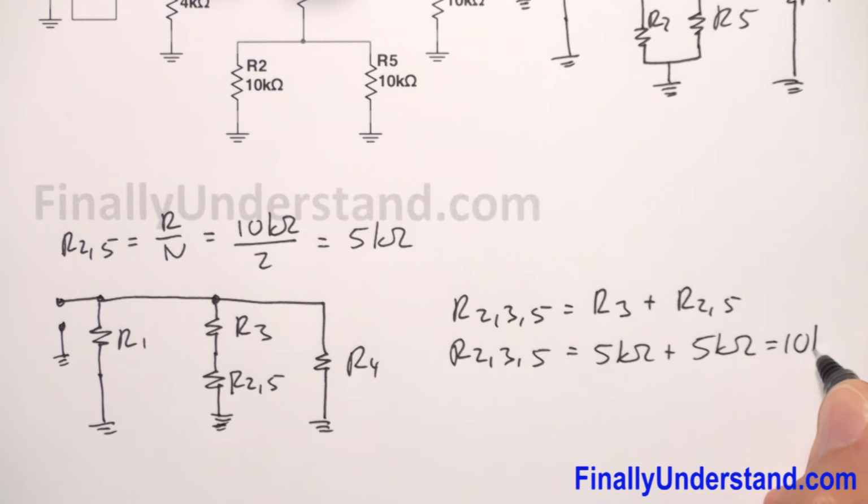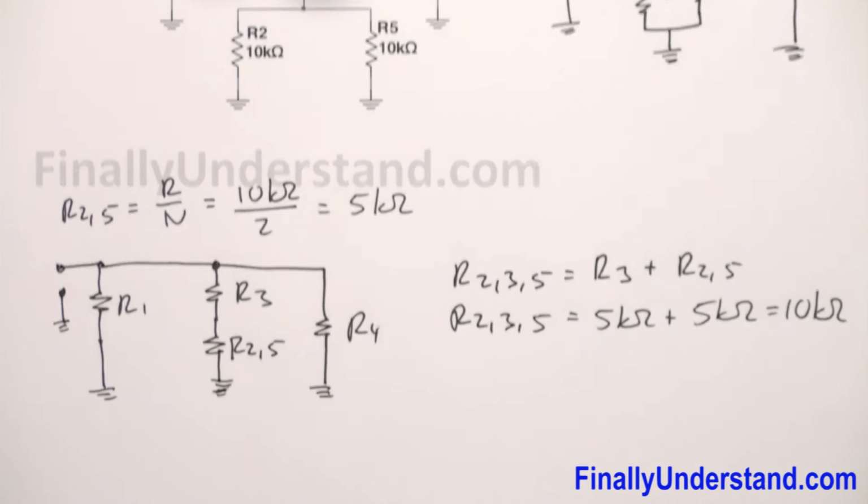So this is equal to 10 kilo ohms. Next, we're supposed to redraw the circuit again.